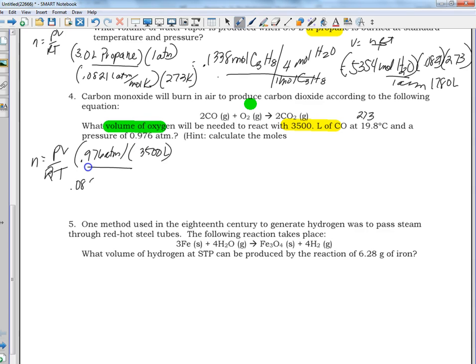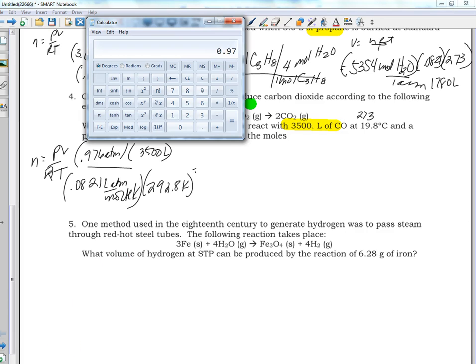R is 0.0821. And our temperature is 292.8 Kelvin. That's 142 moles.